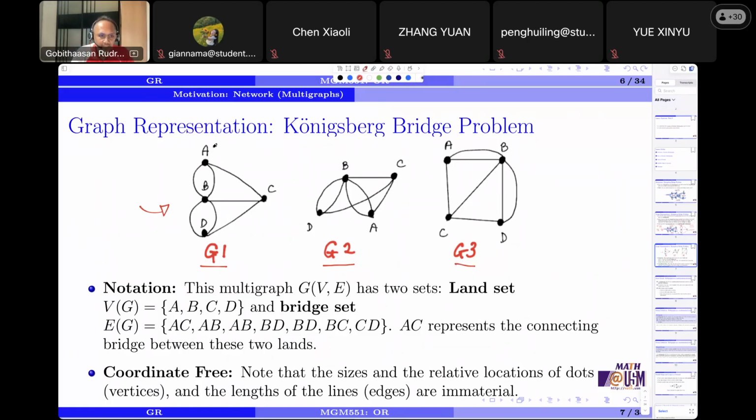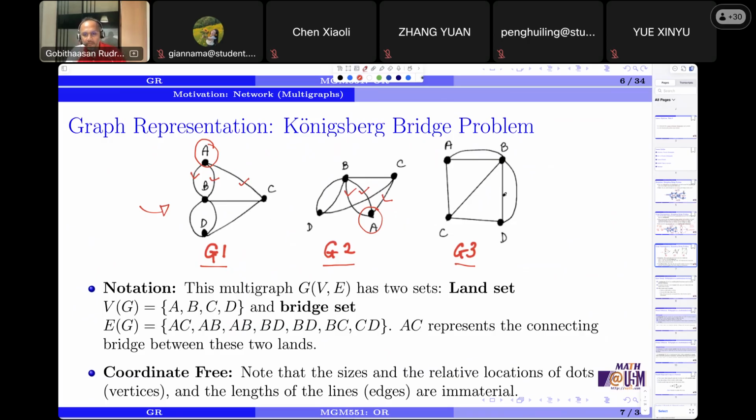For example, let's take A. The corresponding A is here. A is connected to B twice, and A is connected to C. So A has three bridges connected to it, and that's true. This is how you check. If you check A, B, C, D of G1, G2, and G3, they are very much similar.